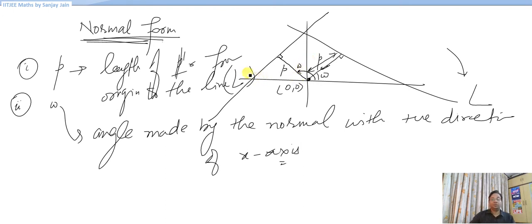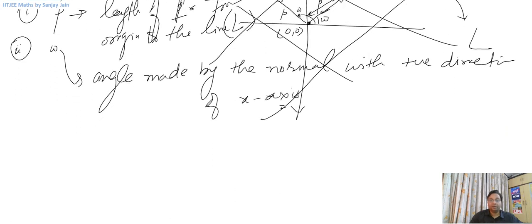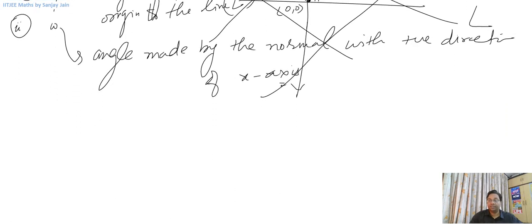All right, or this line can be here, it may be here. In all the cases I'll find a general equation which will be okay for all these orientations of the line. All right, so P is the length of normal or length of perpendicular, and omega is the angle made by the normal with the positive direction of x-axis.